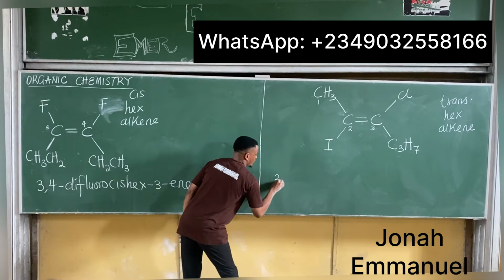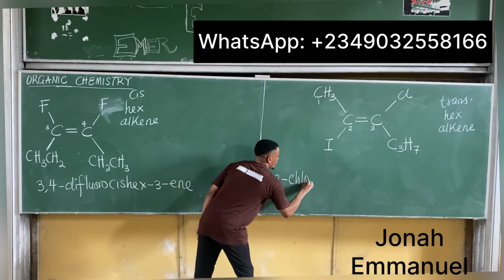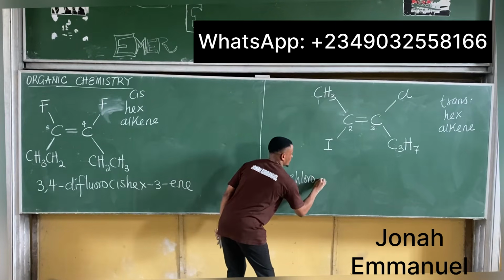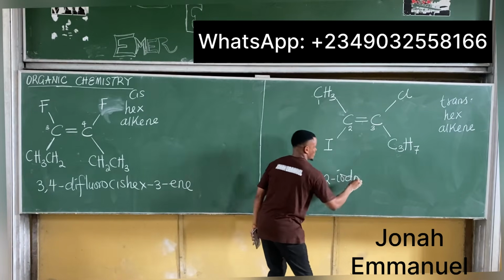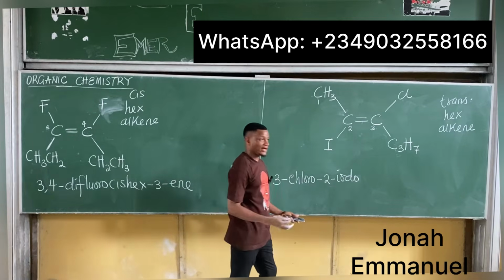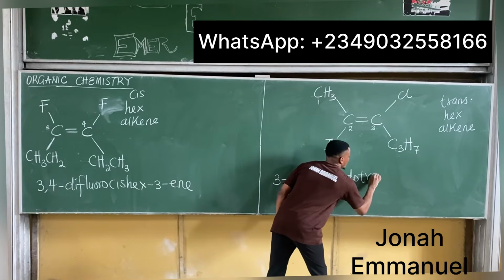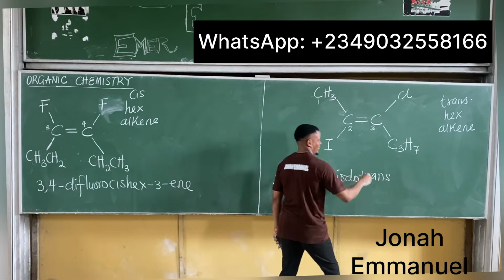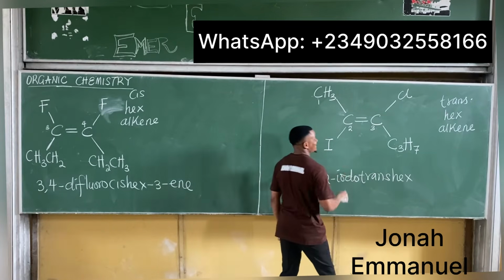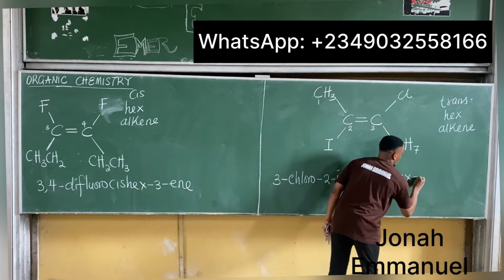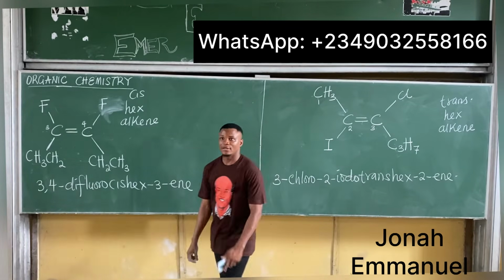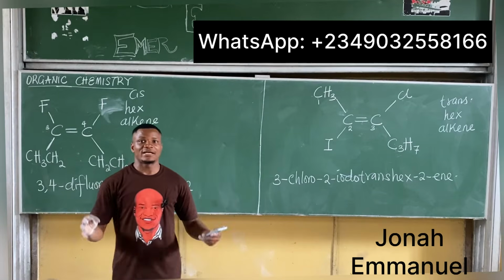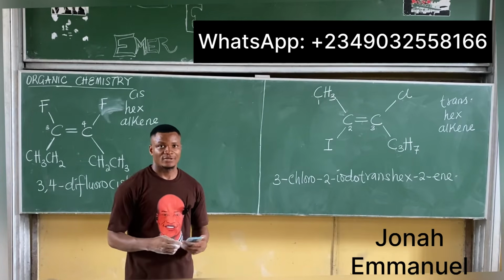So it becomes what there? 3-chloro, 2-iodo, what's saying 6. Trans what there? Hex. Trans-hex-2-ene. So that's it. I'm trying to name as many as I can and not skip some stuff. So I'm having this.